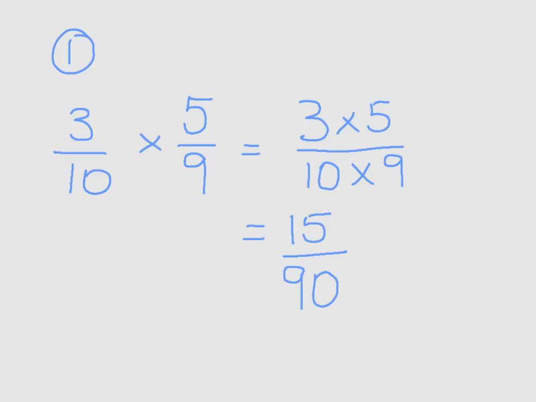So is there a common factor to both 15 and 90? Well, yes, they can both be divided by 5.